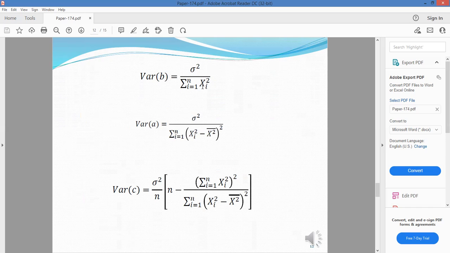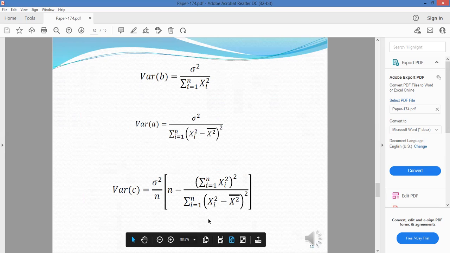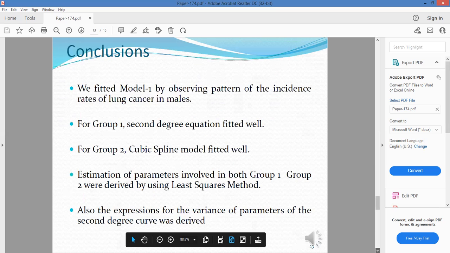As you know, capital Xi stands for small xi minus x bar, and variance of A is given by sigma square divided by summation xi square minus x bar square whole square, and variance of C is given by sigma square by n into bracket n minus summation xi square whole divided by summation i equals 1 to n capital Xi square minus x bar square whole square.